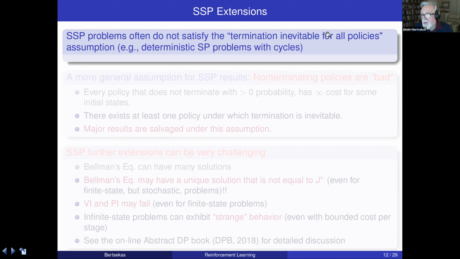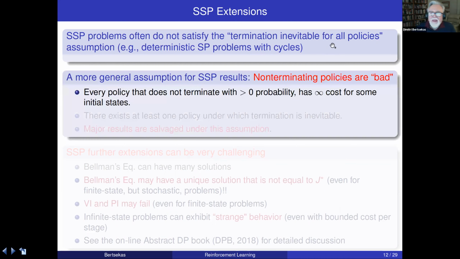Now, we have to replace this assumption with some other assumption, and here's one that is nice and applies broadly in practice. Okay, this says that non-terminating policies are bad. Yes, there may be some non-terminating policies in this assumption, but they have infinite cost for some initial state.